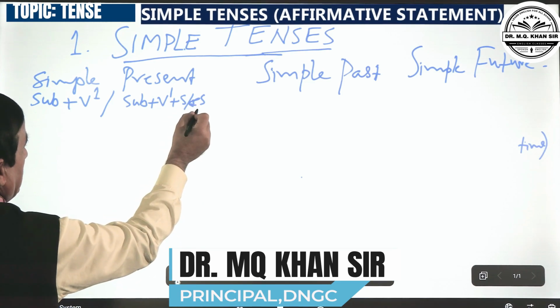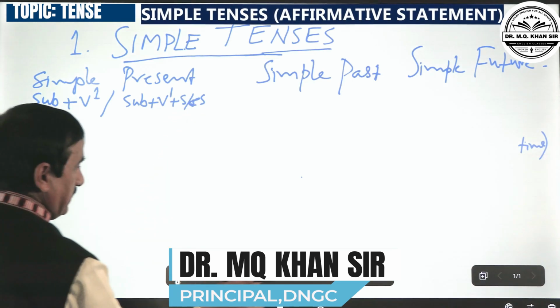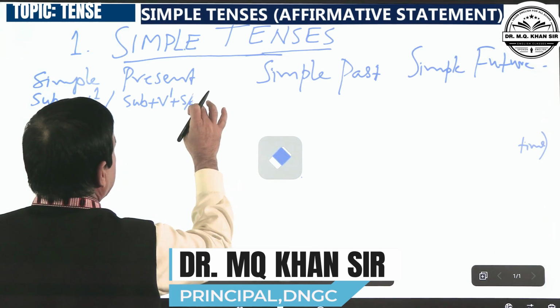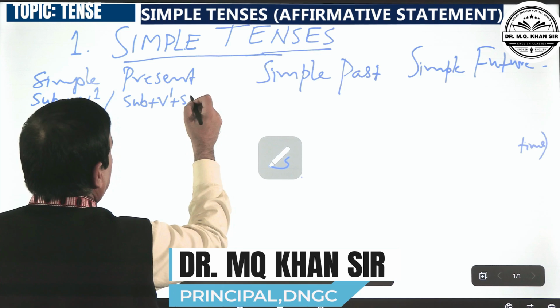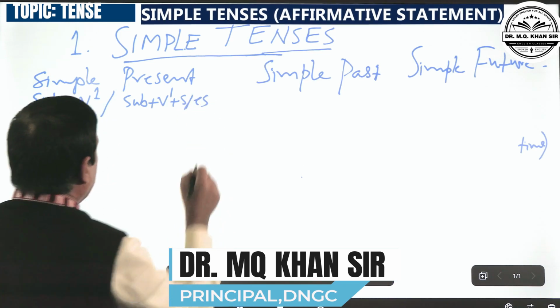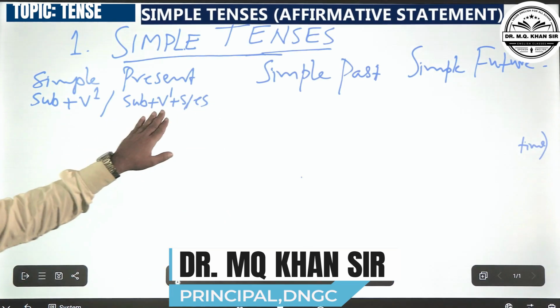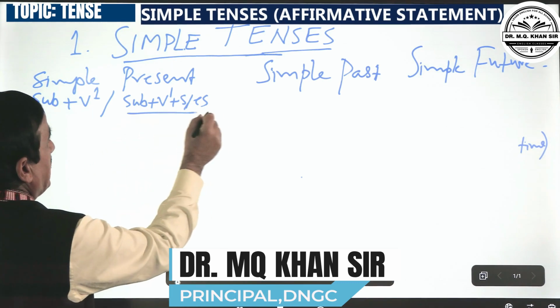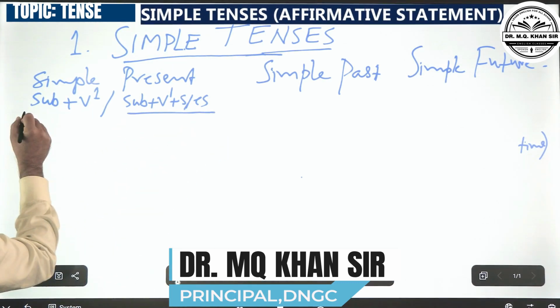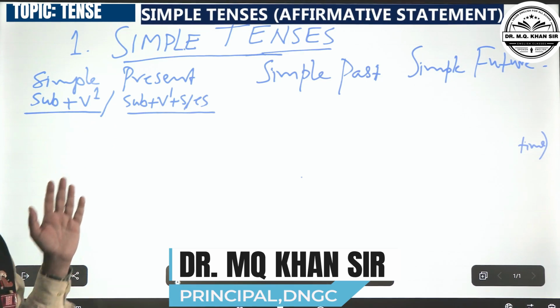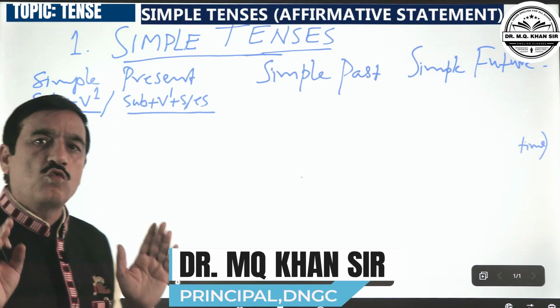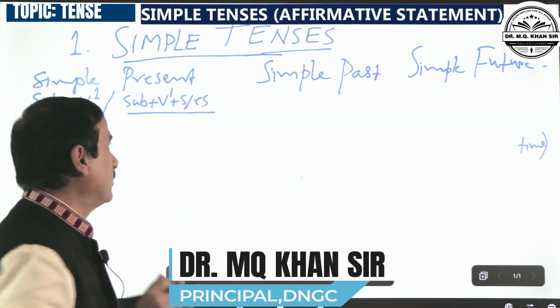This S or ES structure shall be applicable when the subject is third person singular number. But with the rest of the subjects, only subject plus V1, verb 1, that is the first form of verb, basic form, plain form of verb.